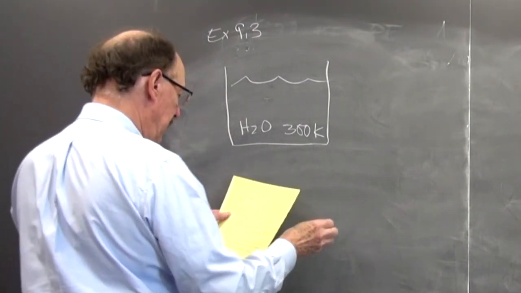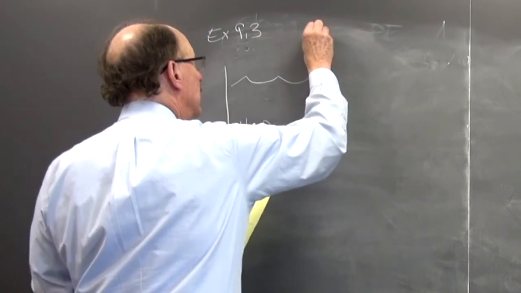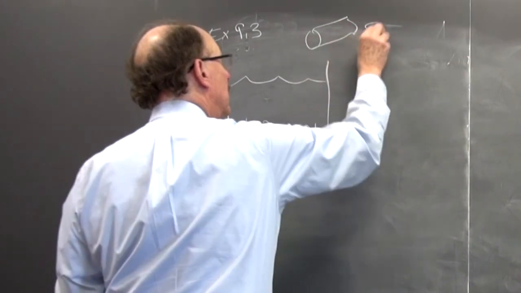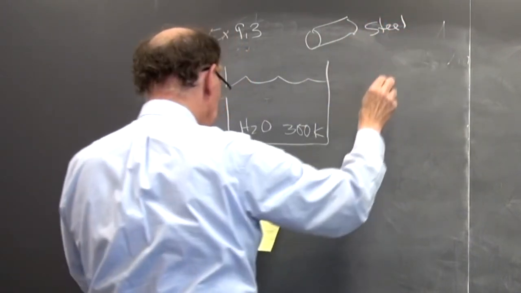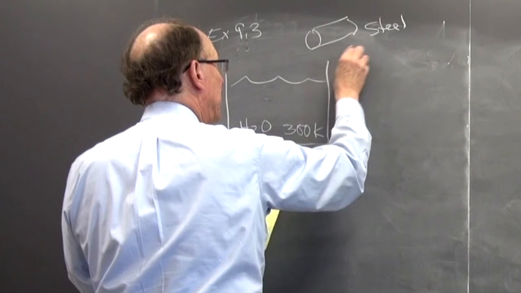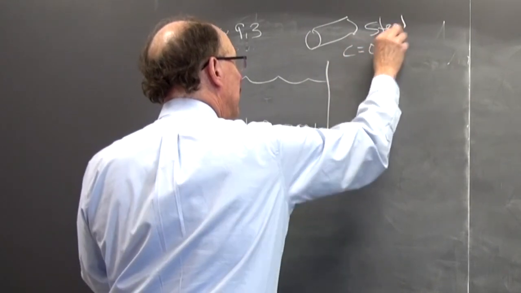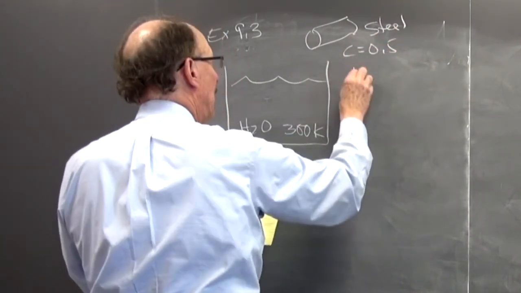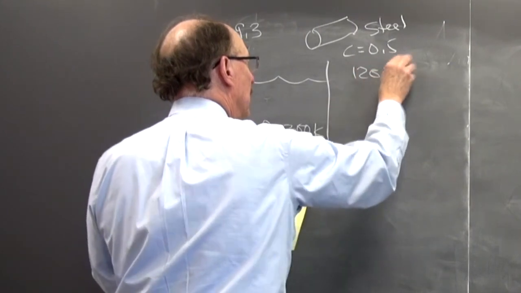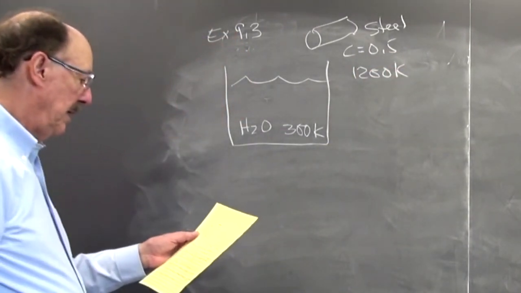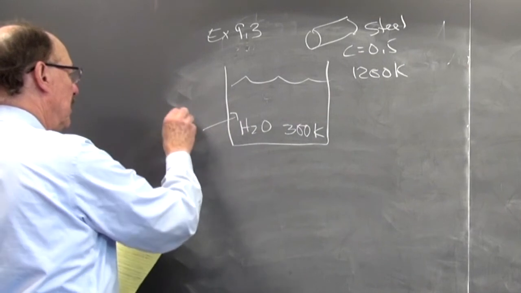We have a piece of steel. The steel has a specific heat, C is 0.5, and it's at 1200 degrees K. And this is 50 kilograms.